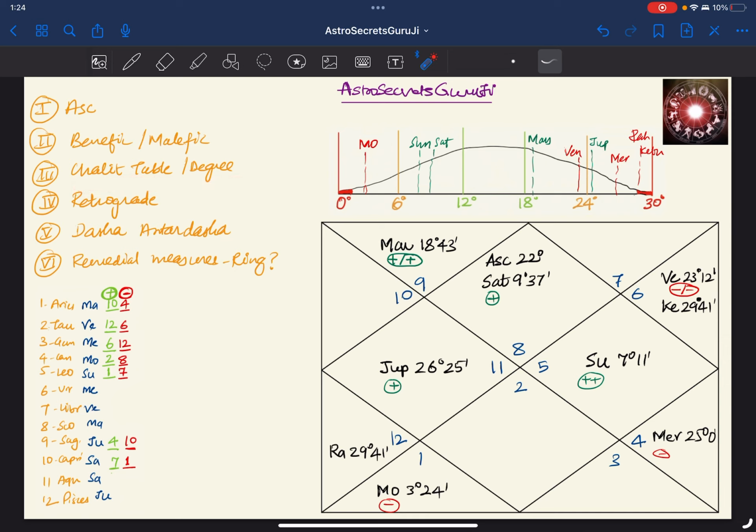Another element that we will have to consider is the retrograde planets. The retrograde planets are considered to give a different result altogether, contrary to what they are meant to give, right? So Jupiter in this particular case is retrograde. Jupiter is towards wisdom, and if Jupiter becomes retrograde, then Jupiter focuses on giving you that wisdom.